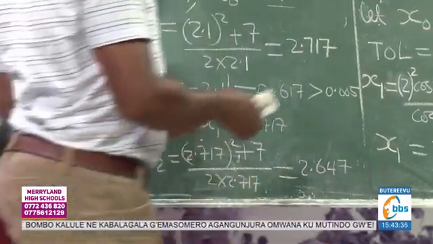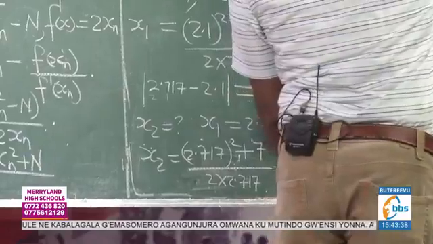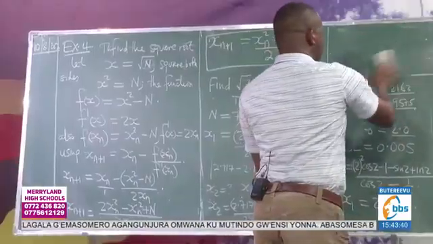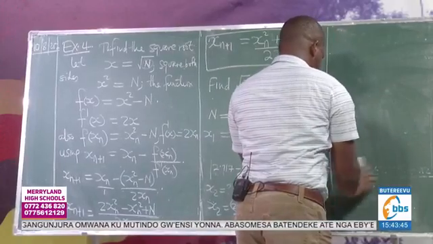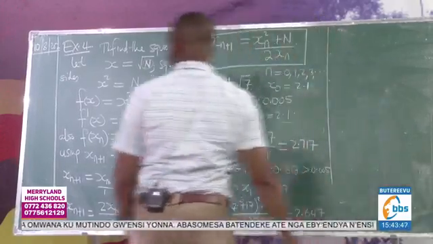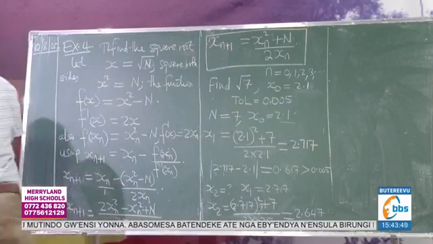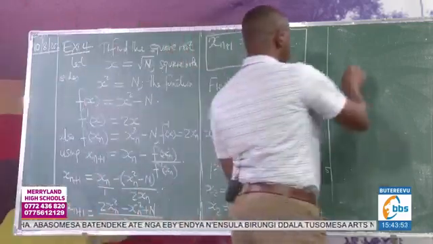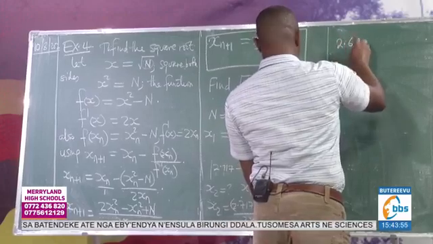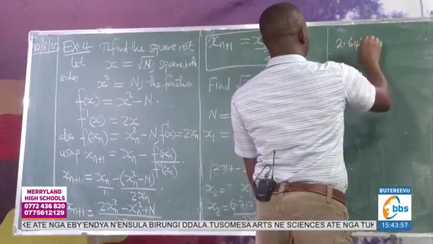We again check for the error margin. Is it yet less than 0.05? If it's not, we have not reached the answer. We take away 2.647 from 2.717.